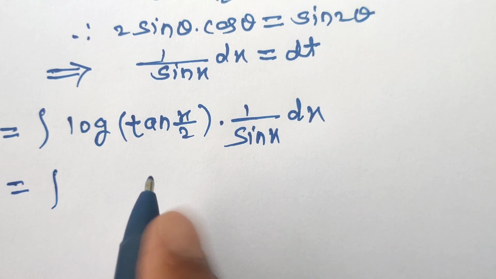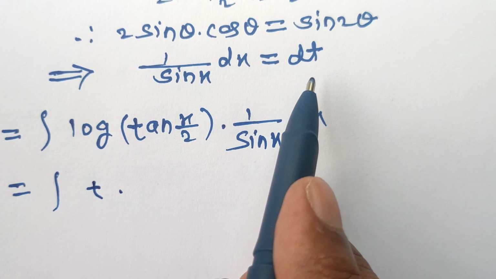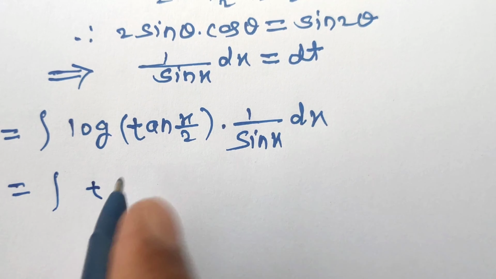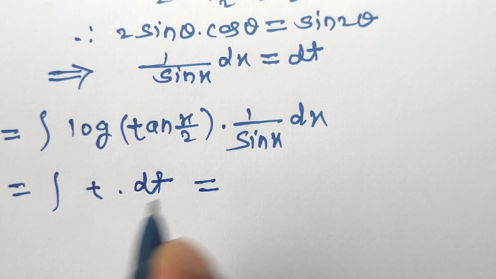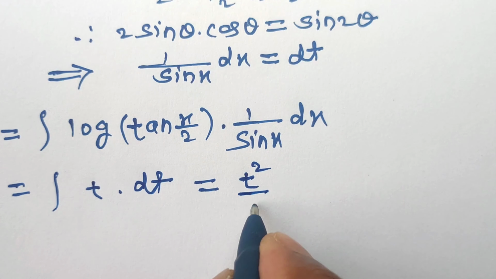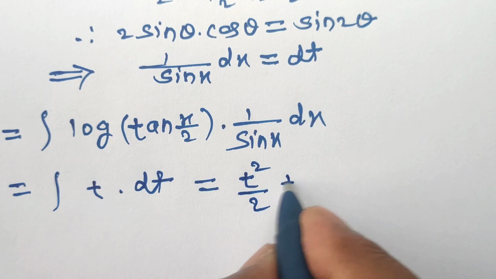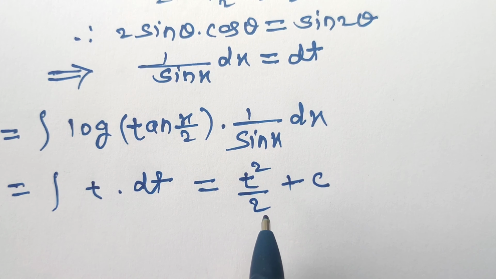This is our assumption. And we have obtained 1 upon sin x dx is equal to dt. So replace this by dt. And this is equal to the integral of t, which is t square divided by 2 plus integral constant c. This is the value of the given integral in the new variable t.